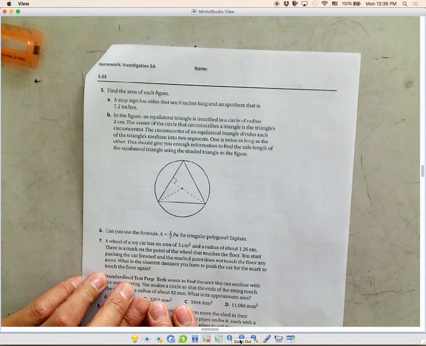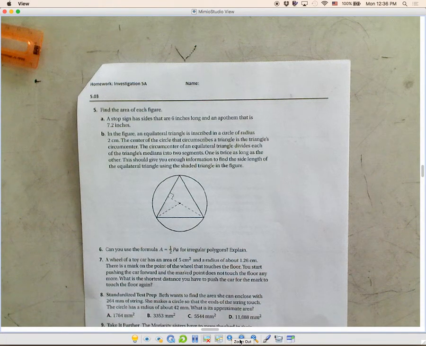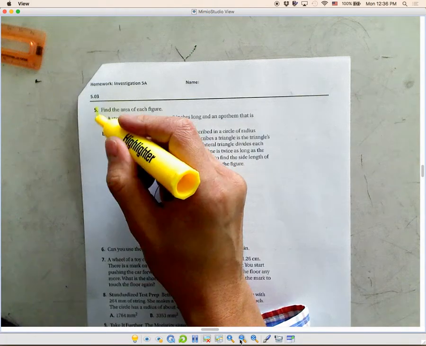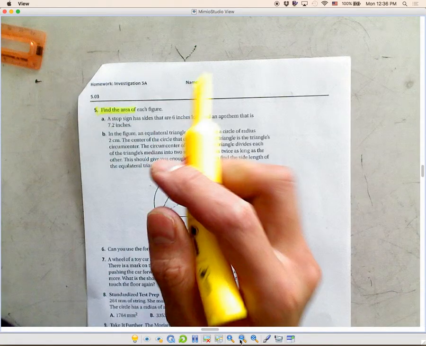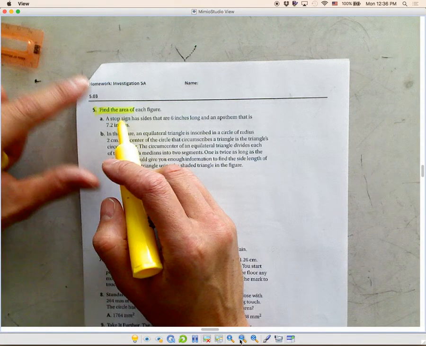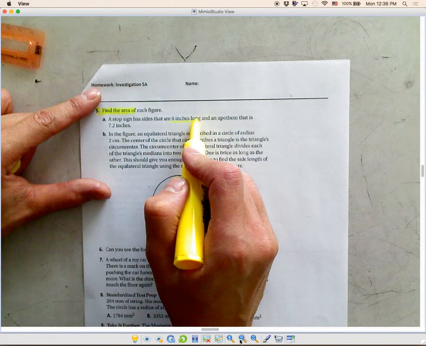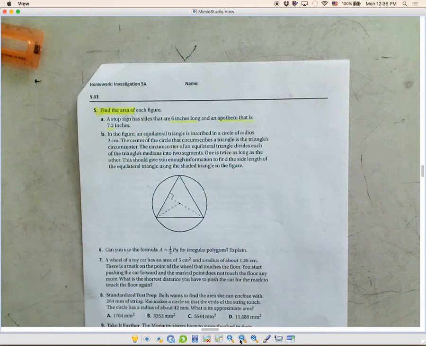All right. Let's do problem number 5. This problem has 2 parts, but in both parts you want to find the area of each figure. One is a stop sign that has sides of 6 inches long and an apothem of 7.2.